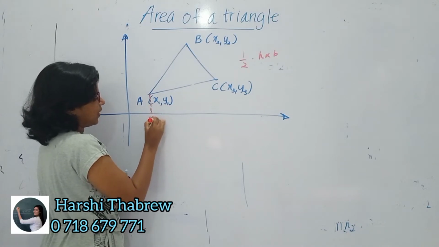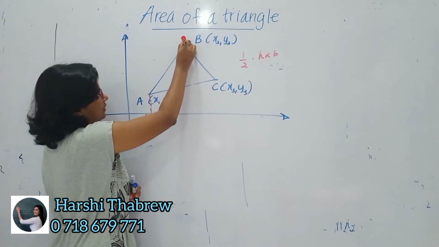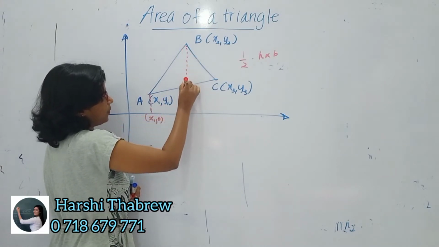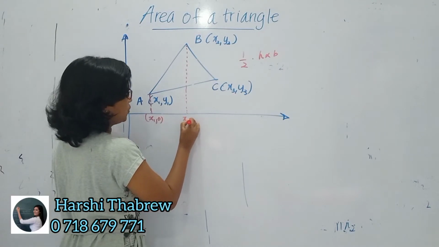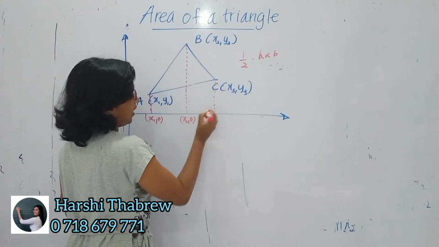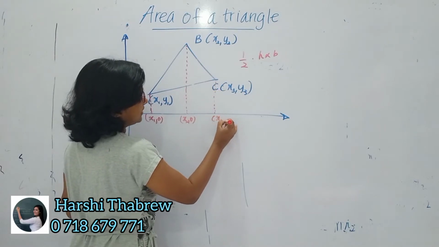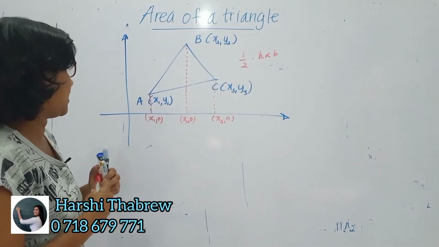Then it's x1, 0 here, and if I join this point, it will be x2, 0, and if I join this, it will be x3, 0, right? You should have that idea.